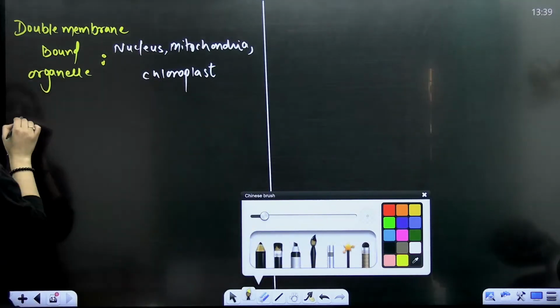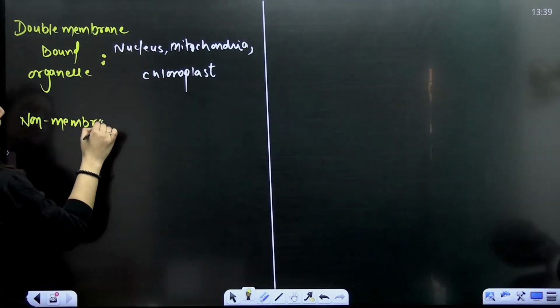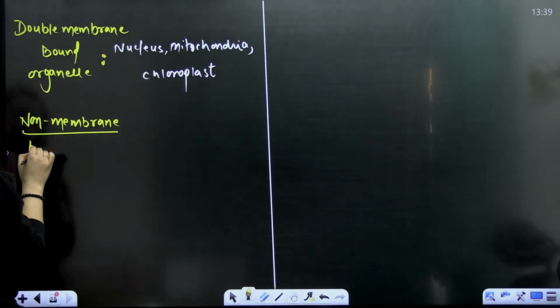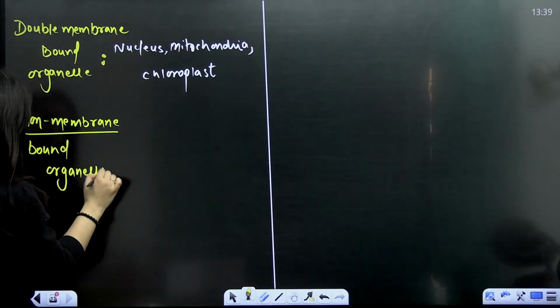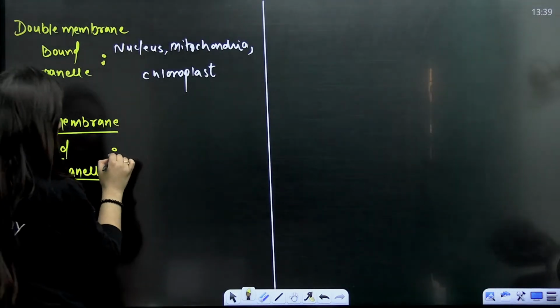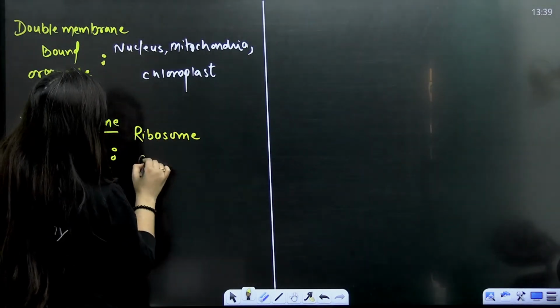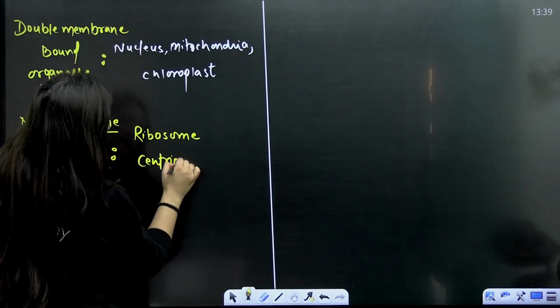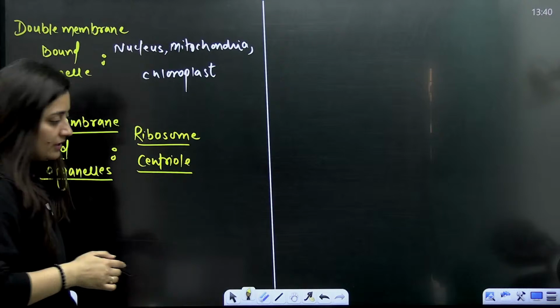Now, these are the points that you have to revise quickly. Do we have non-membrane bound organelles? Yes, the ribosome is a non-membrane bound organelle. The centriole is also a non-membrane bound organelle. The rest will be single membrane bound organelles.